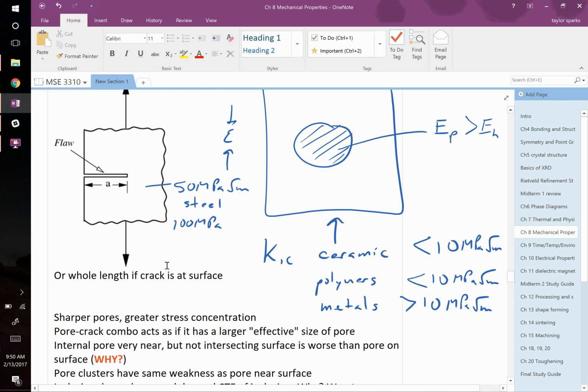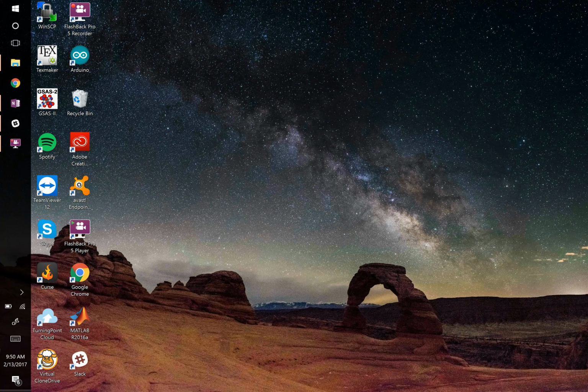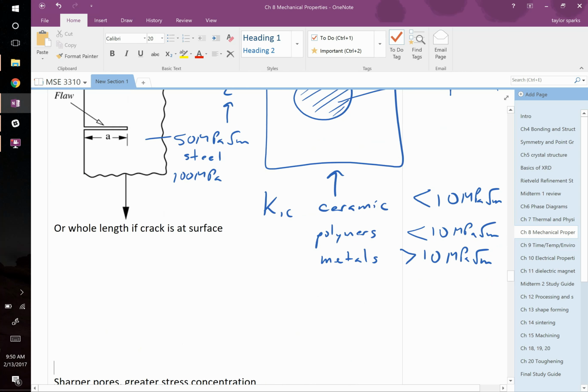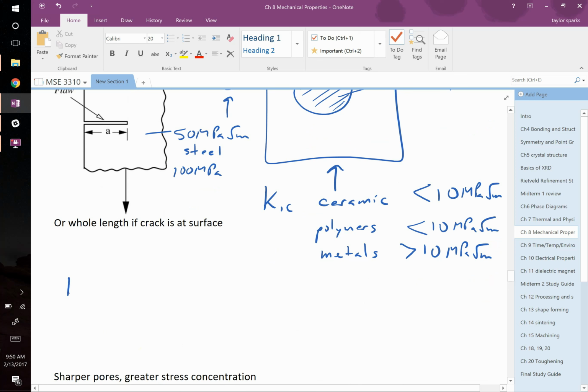Right? Let's actually type this out. So K1C equals Y times the stress times square root of pi a. So we've just said that we're going to use 1.12 here. This will be 100 megapascals. You got 50 megapascal root meters. So what can a be?